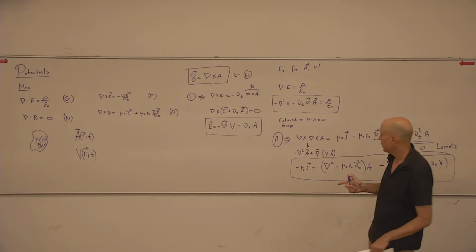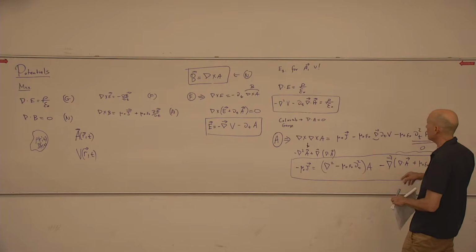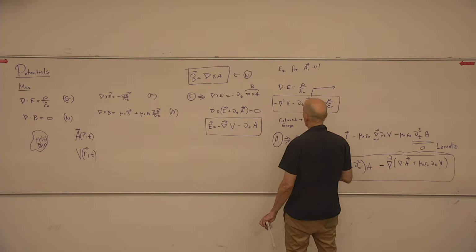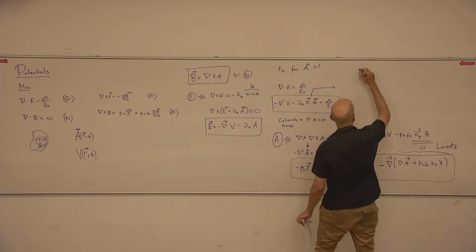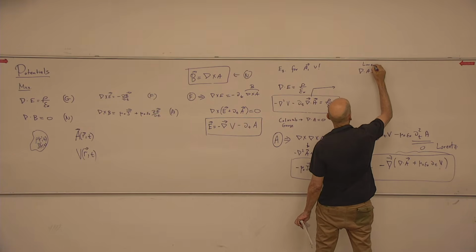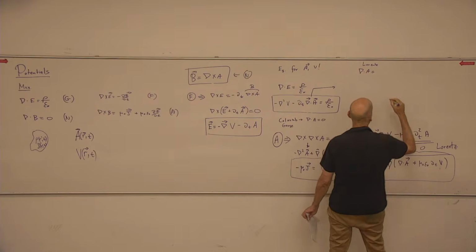At first you ask, what is this object here, div A? It's minus mu0 epsilon 0 dV/dt. So maybe you don't like this, but in the Lorentz gauge, one second, let me finish. I'm so excited.